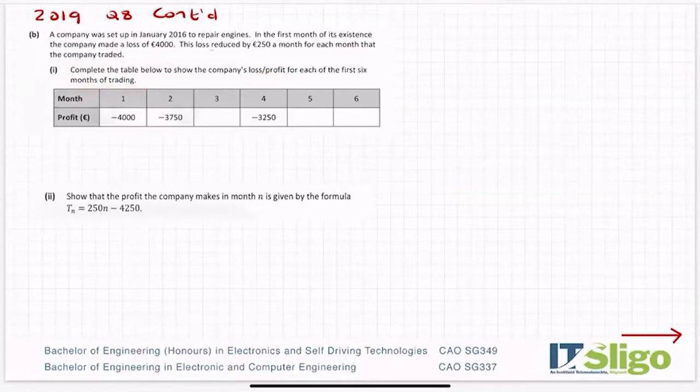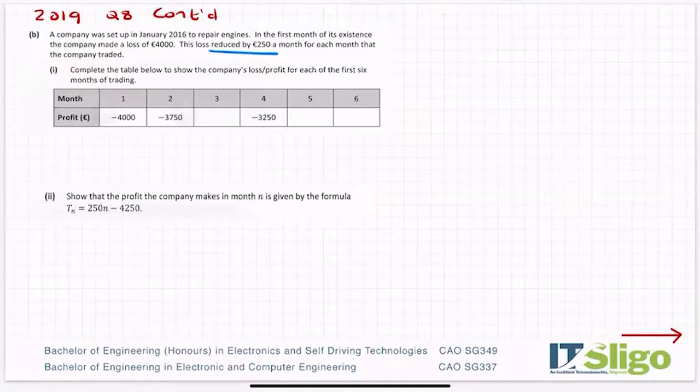So the loss is going down by 250. You have 4,000, or minus 4,000 if you want. And then if the loss is going down, you're adding on 250, because you're on the negative side. So that's where the minus 3250 comes from.